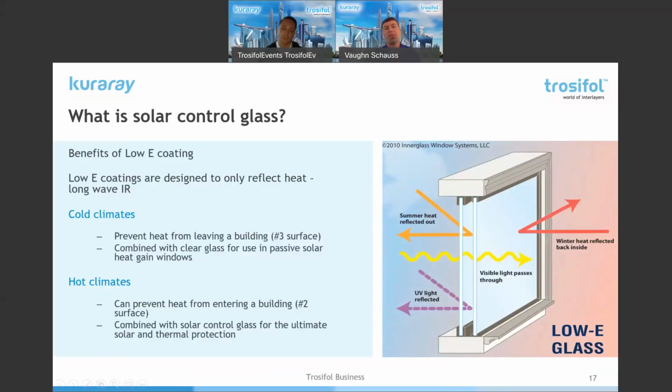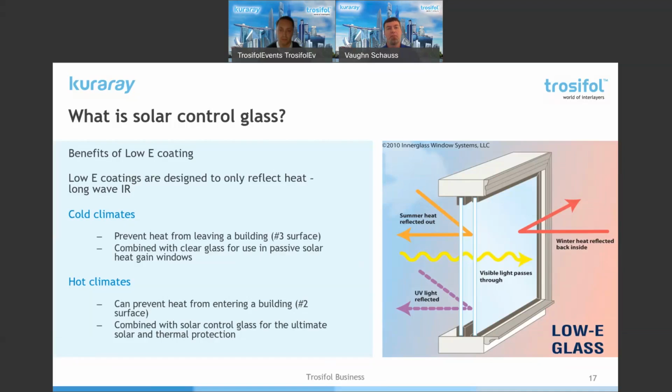So what does all this mean? When it comes to designing your window, you have a bunch of different options that you can use based on where your application is. Say you're in a cold climate, you really want to reduce your heating costs. You don't really care too much about cooling. You care more about heating because it gets cold then.